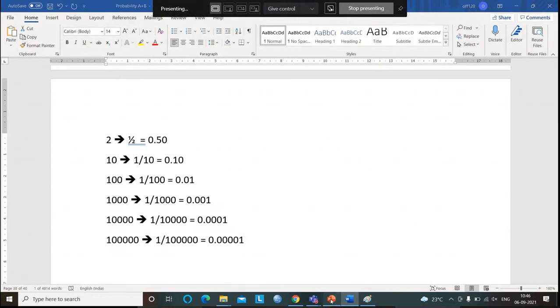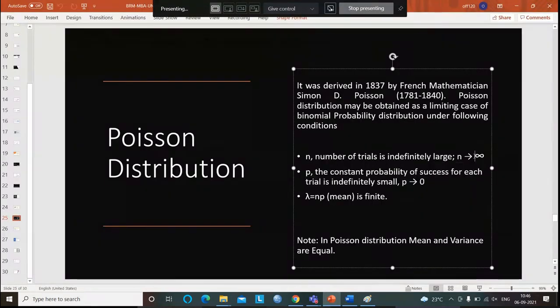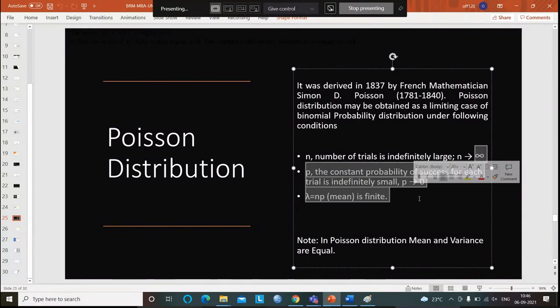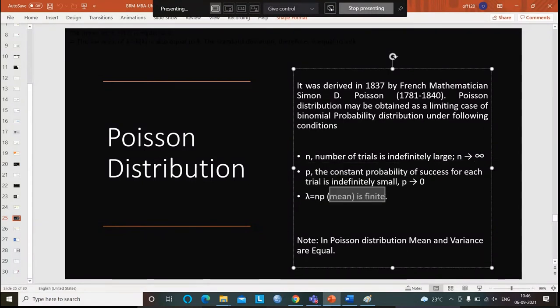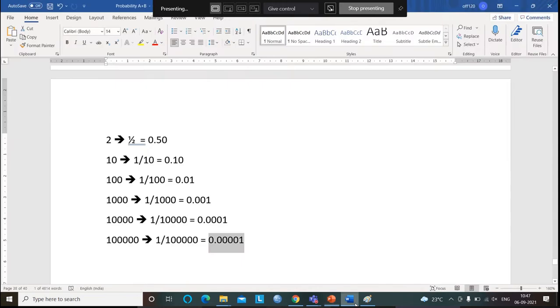In these two cases, if you multiply n into p, what is n into p here? Mean. The mean of the Poisson distribution is lambda, that is n into p. Infinite doesn't mean that it doesn't have a value. It is having a value, and your p is the probability of success. Now, number of trials are how many?